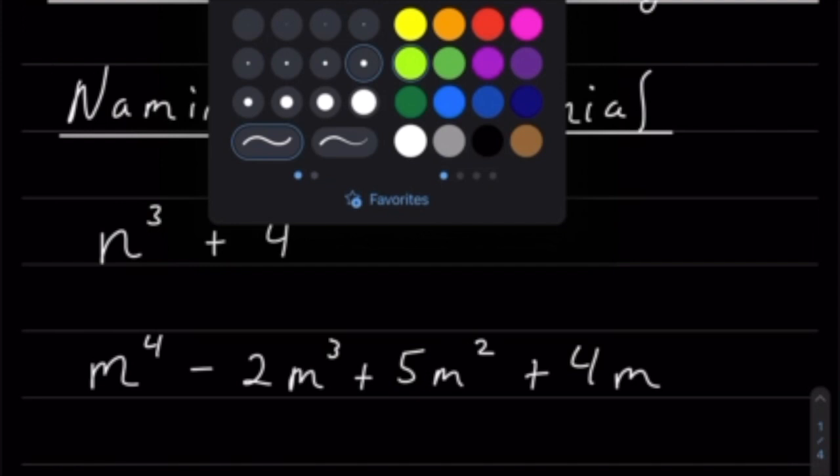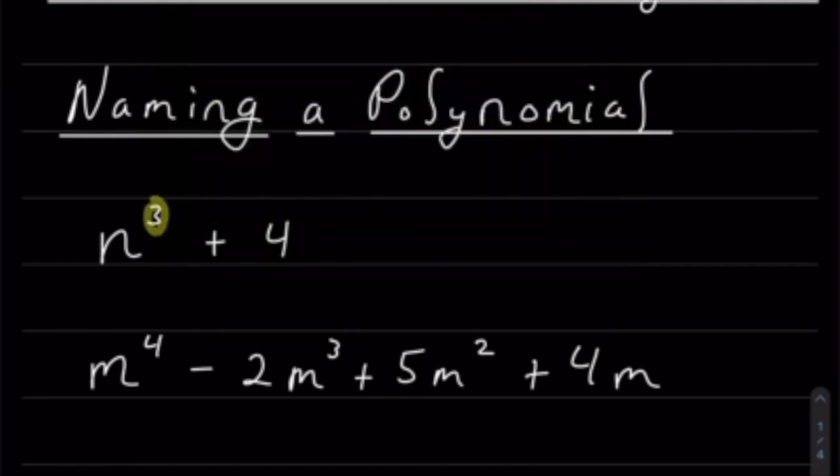So the highest exponent is right here, n to the third. It's also referred to as the degree of the polynomial. So the degree is the highest exponent. In this case, it equals 3. So when it equals 3, we call this a cubic polynomial.